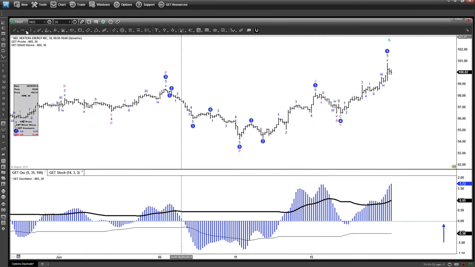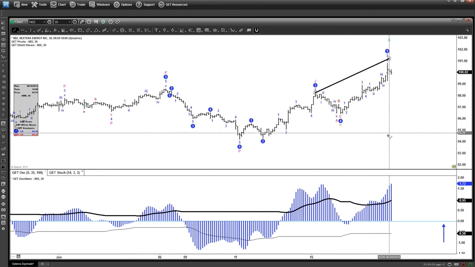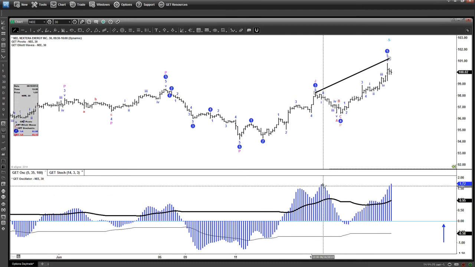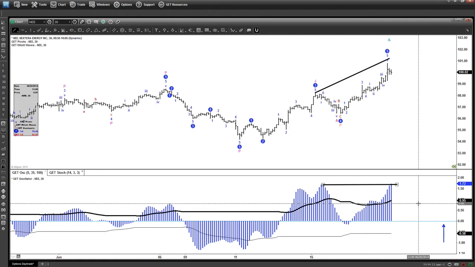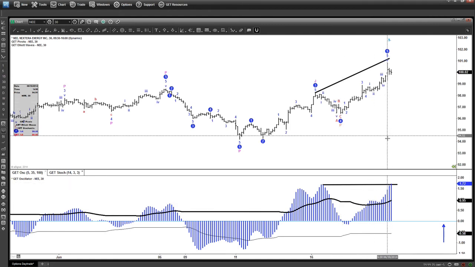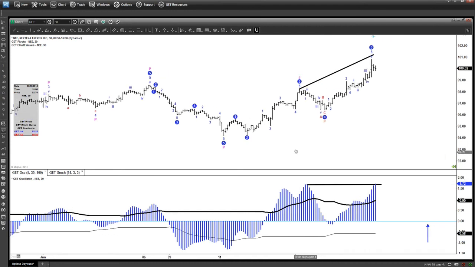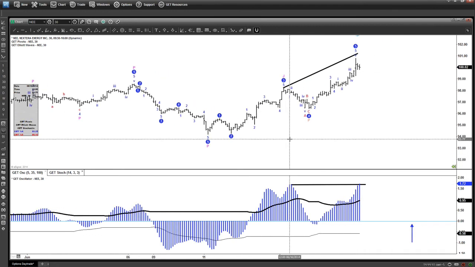Clearly, we've made a new high in NextEra. Here's my 3, here's my 5. The market's made a new high. Historically, the oscillator should not make a new high. If your wave 5 oscillator is just as strong as the wave 3 oscillator, this tells you that the trend is not complete. This market is going to probably continue to rally.